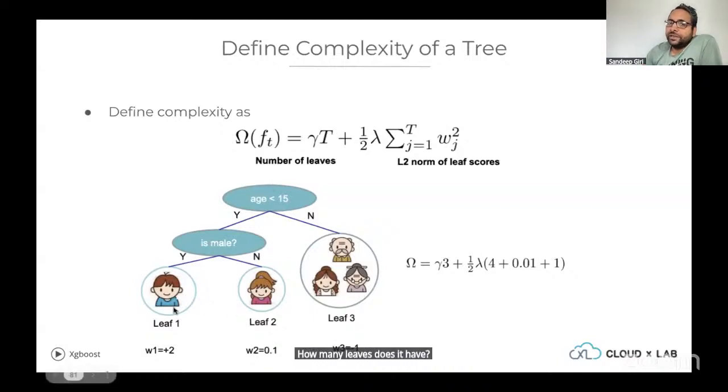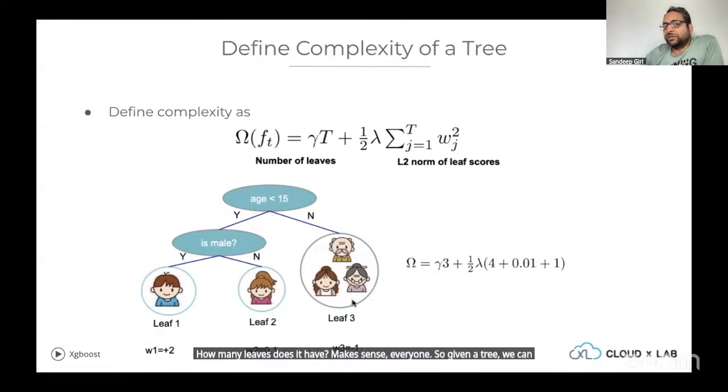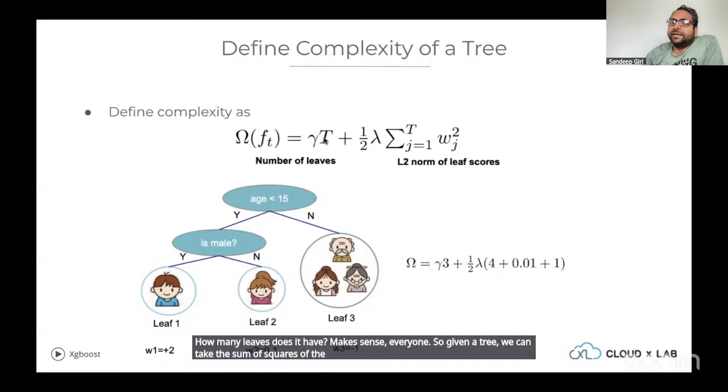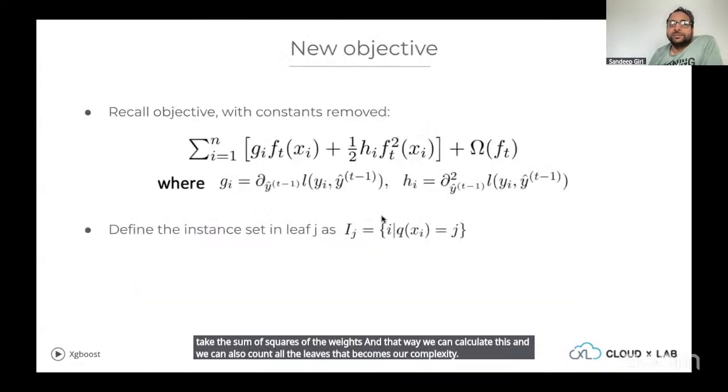Make sense, everyone? So given a tree, we can take the sum of squares of the weights, and we can also count all the leaves. That becomes our complexity.